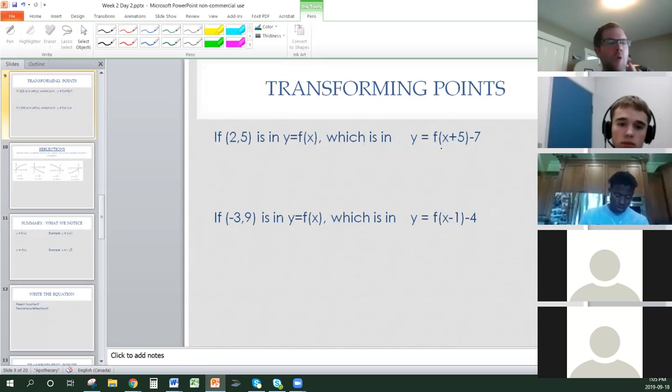So that's very wordy, but basically you're going to have to just figure out what's going on in this translation. So is it going left? Is it going right? Is it going up? Is it going down? And then transforming that point. So let's do the first one together, and then I'm going to have you do the next one by yourself.